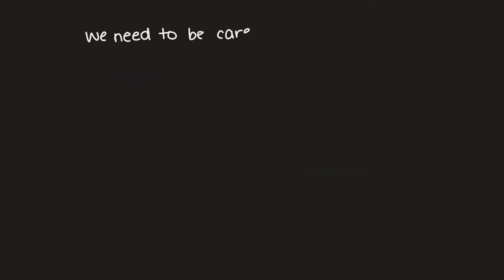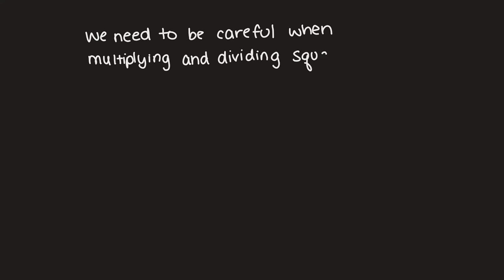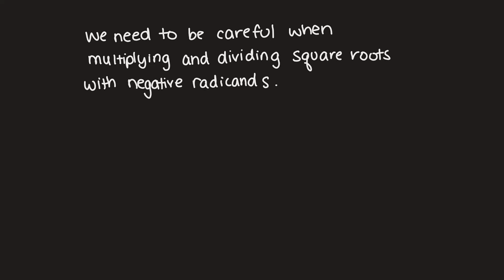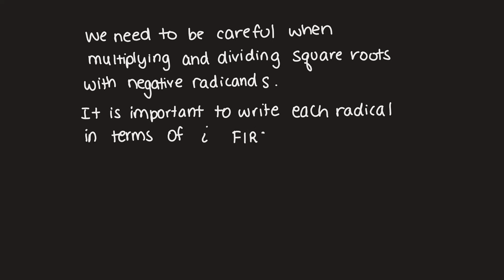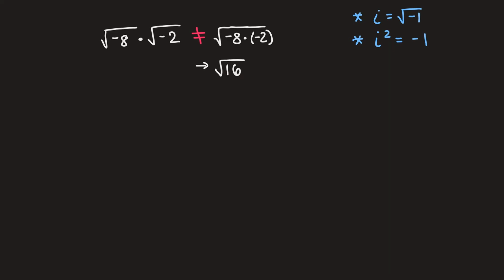We're going to need to be careful when multiplying and dividing square roots with negative radicands. It is important to write each radical in terms of i first. We must also keep in mind that i squared is the same thing as -1. For example, if we are multiplying the square root of -8 times the square root of -2, this does not simplify to the square root of 16, which is +4.